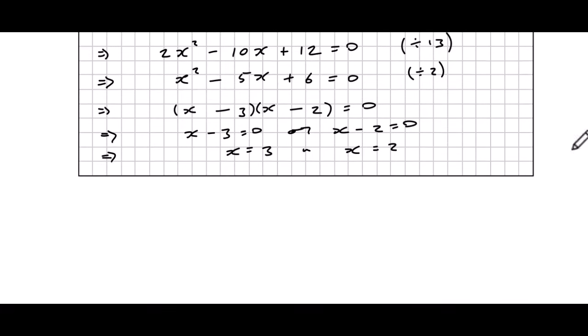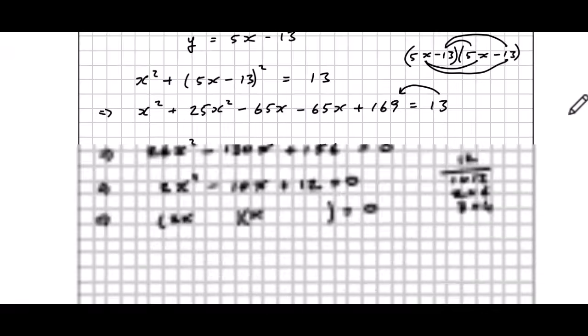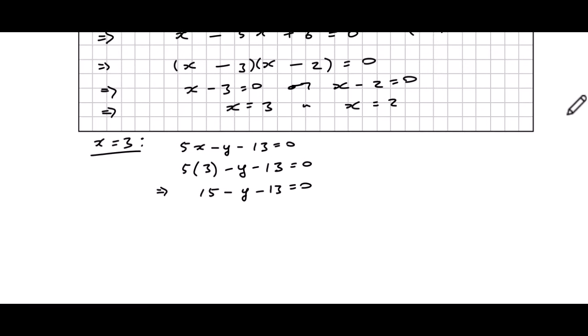What I need to do now is find the two y values. So if x is equal to 3, just put that into one of the original equations. I'm going to put it into the linear one, it's usually easier. So you've got 5x minus y minus 13 equal to 0. Put in the x here, so it's going to be 5 times 3 minus y minus 13 equal to 0. 3 5's 15 minus y minus 13 equal to 0.